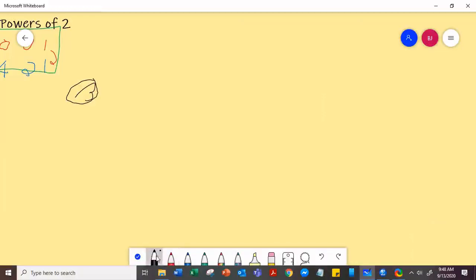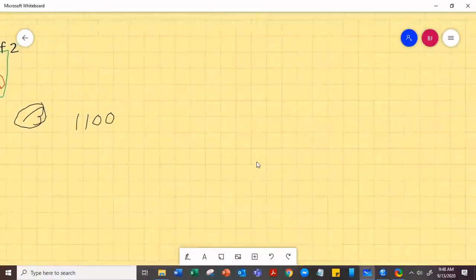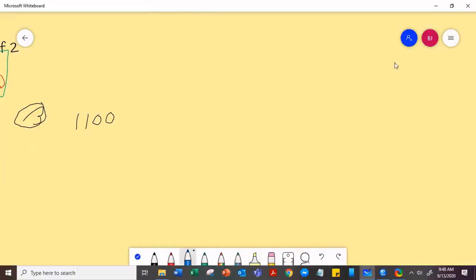So 1100. From our example a while ago, 1024 would be the largest power of 2 that we could use here. So let's have enough space to write that.